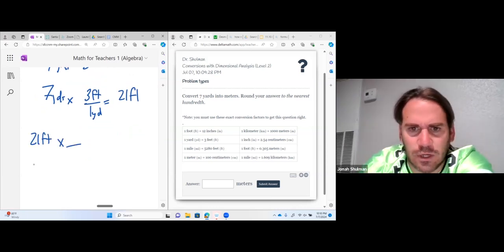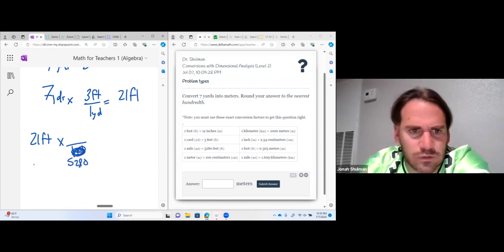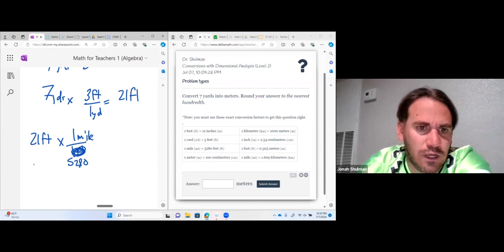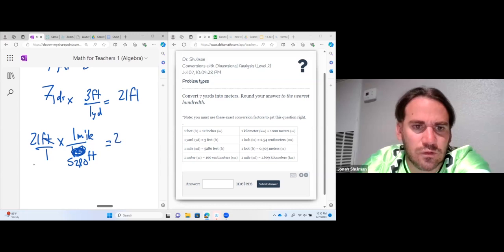I'm going to put what we have on the bottom, which is 5,280 feet. And then what goes on top is 1 mile. So we actually have to divide. The feet cancel. We turn into miles. So we have to do 21 divided by 5,280.